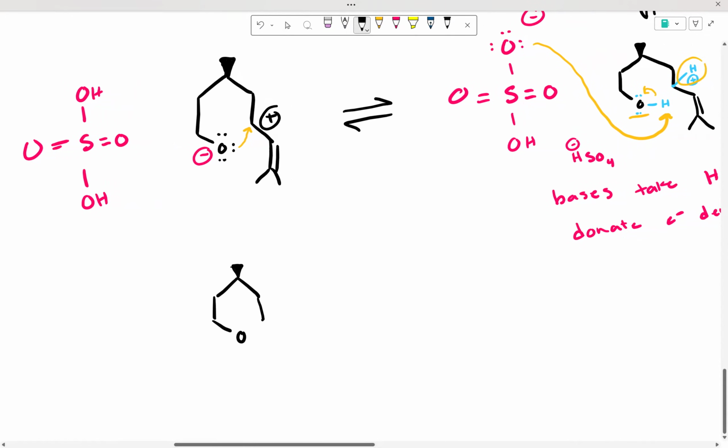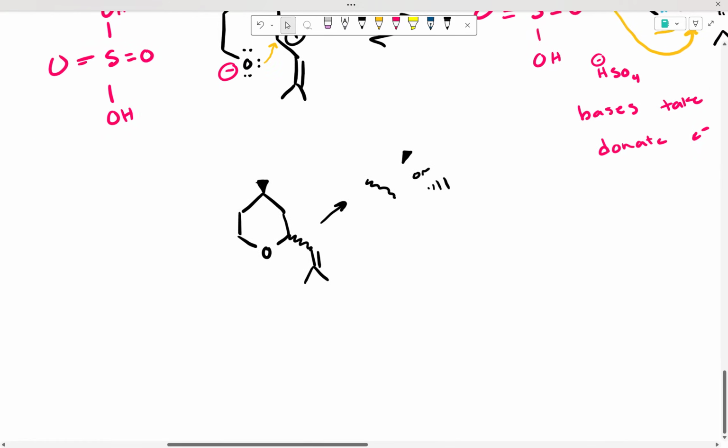This is going to take us back to OCHEM 1, but if you recall, when there is a ring closing, the oxygen can actually attack from the front face or the back face of the molecule. So this really means a wedge or dash bond.